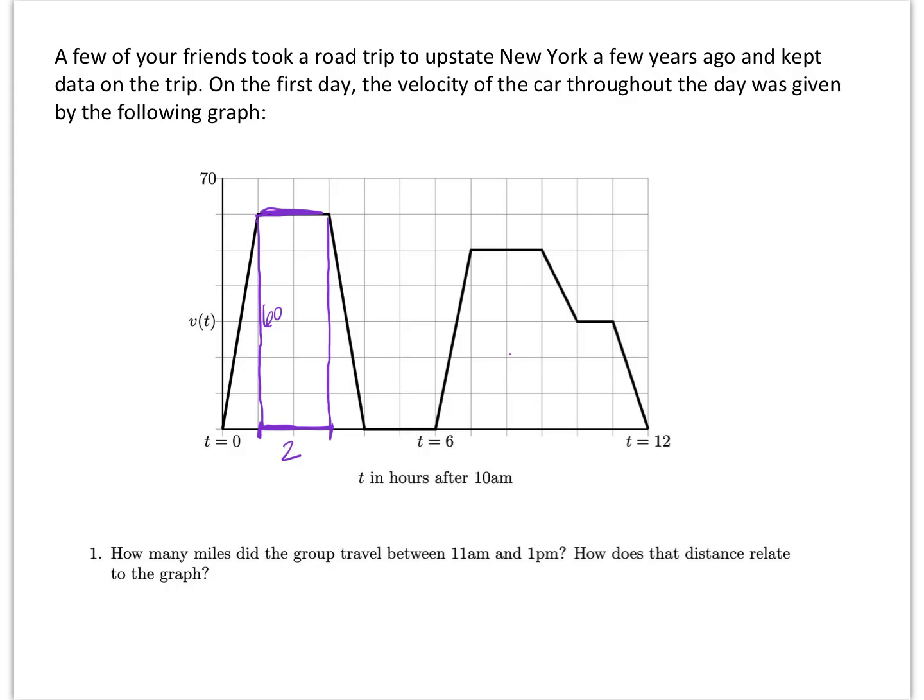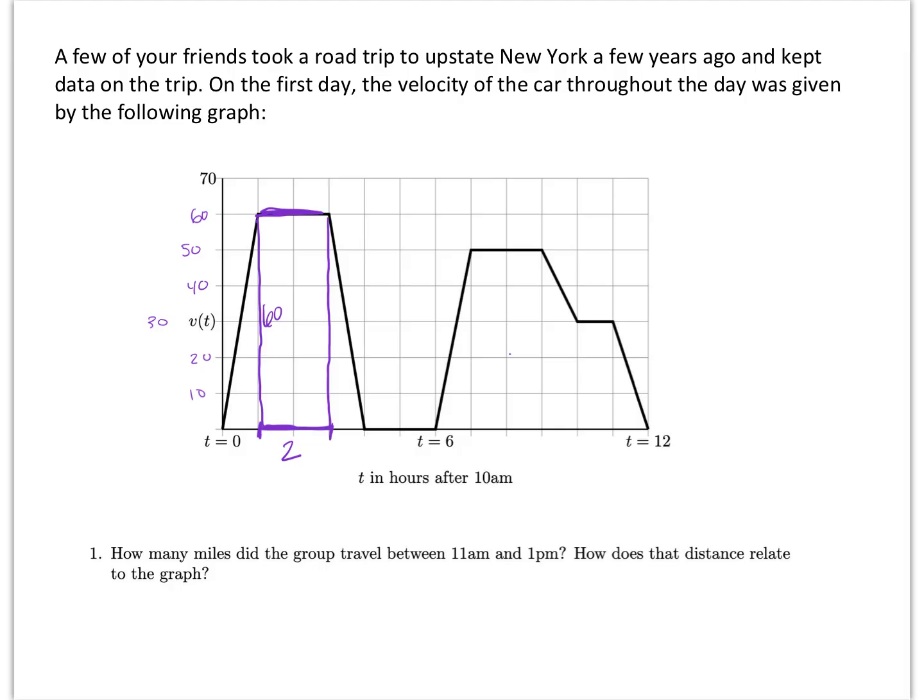So my distance traveled, oh, sorry, it's 65. Sorry, so if this is 0 and this is 70, we have 1, 2, 3, 4, 5, 6, 7 steps. So each of these is 10 miles per hour. So this is 10, 20, 30, 40, 50, 60. Okay, 60 miles per hour was correct.